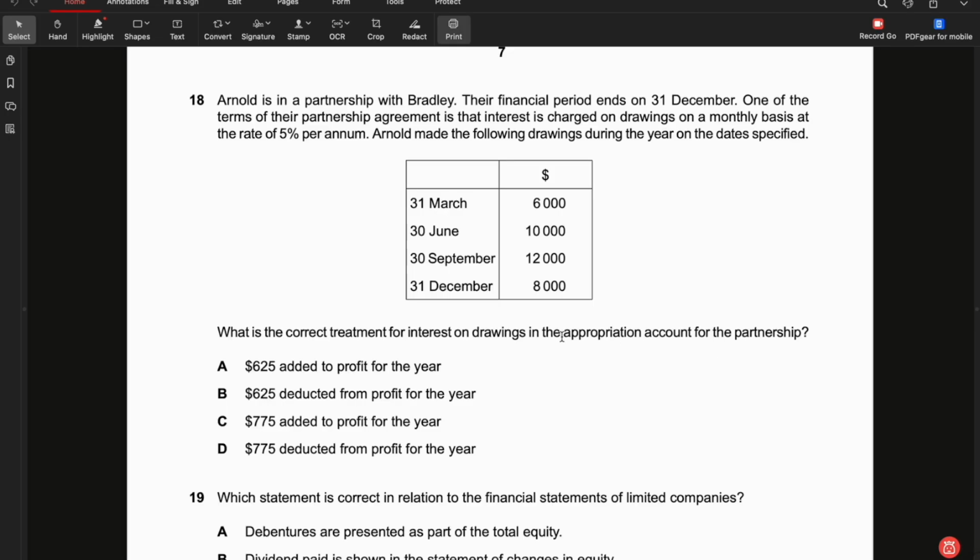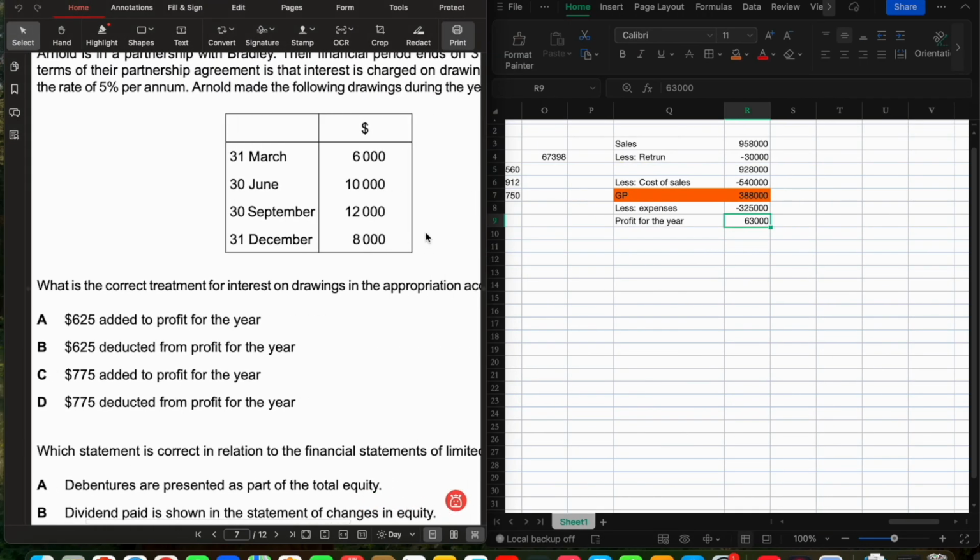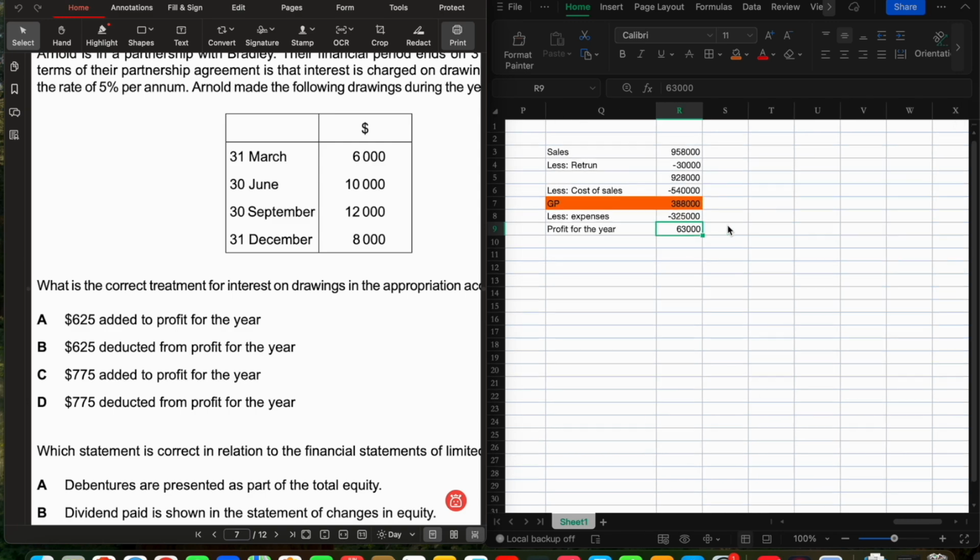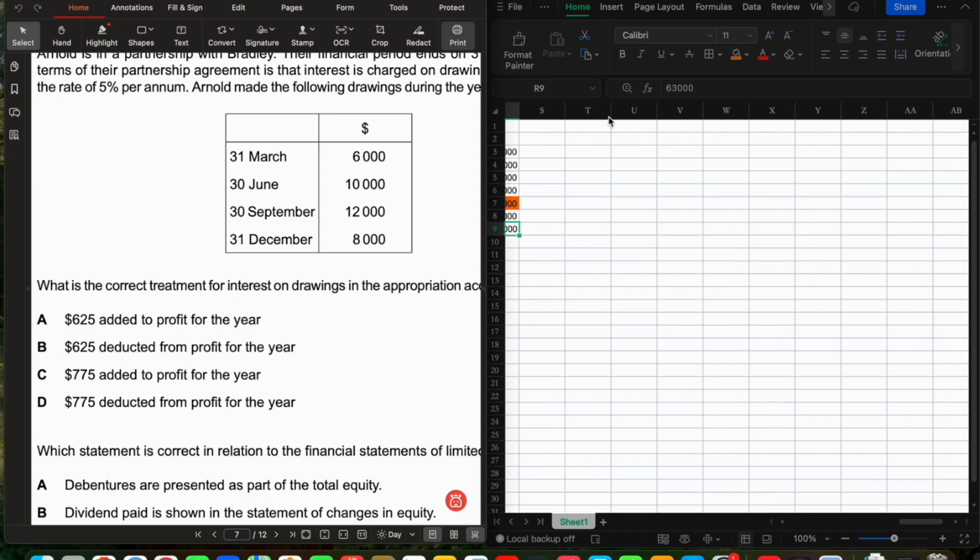Okay, first let's calculate the amount, then we talk about the treatment. Okay, because they also need to find out the amount. So from March 31st we withdrew. So from March 31st to December 31st we have 9 months. Okay, and then from 30th June to 31st December is 6 months.